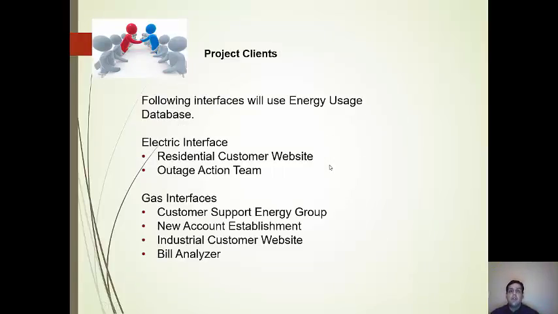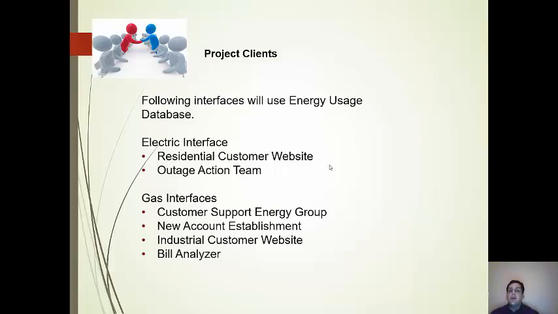Now, who are the project's clients? Following interfaces will be using data from energy usage database, and thus we will be catering to all the data related needs, which include providing the daily data to these interfaces.